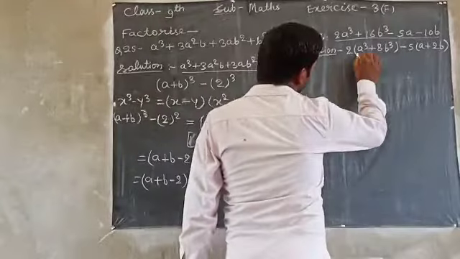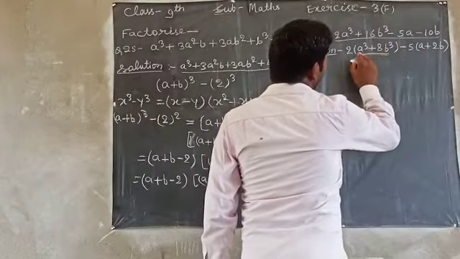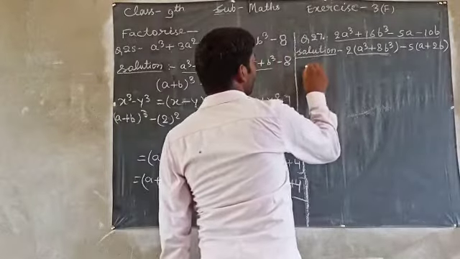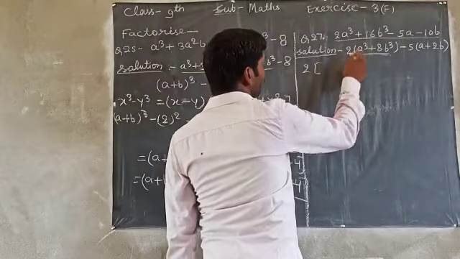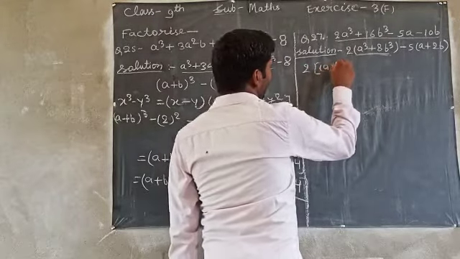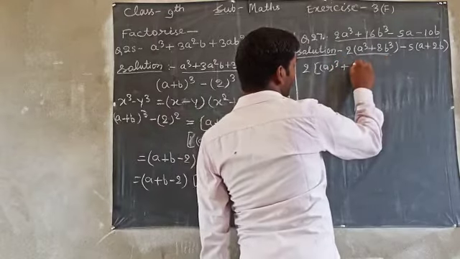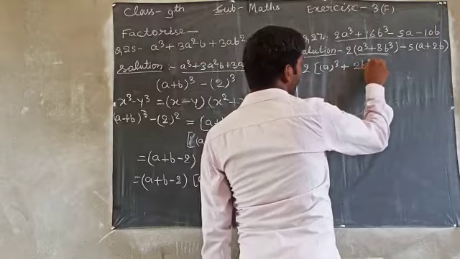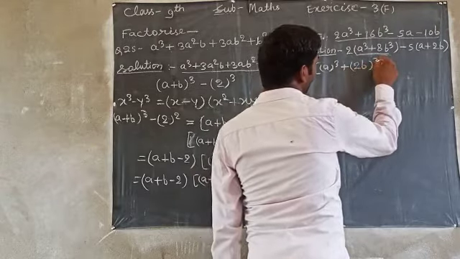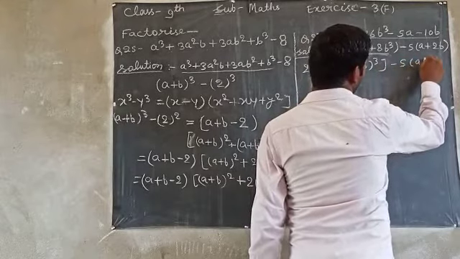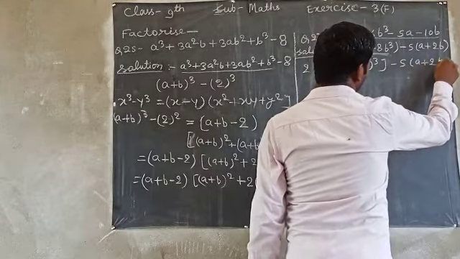Now you can see that this one we can change into the form of a sum of cubes. So it will be 2 into (a cube plus, in place of 8b cube, we can put (2b) whole cube), and here minus 5 (a plus 2b).